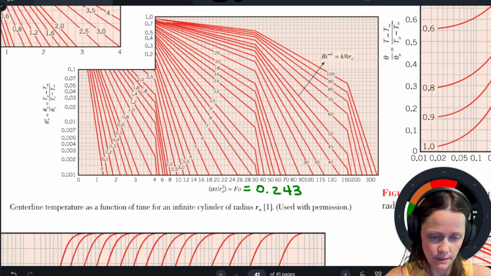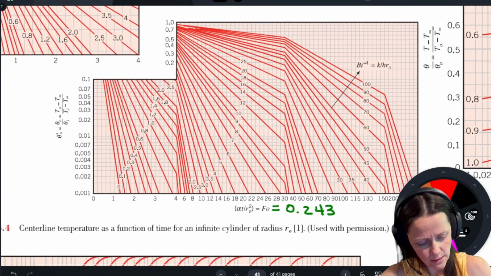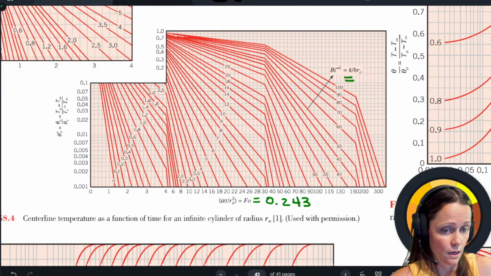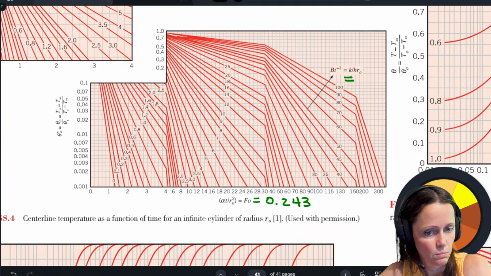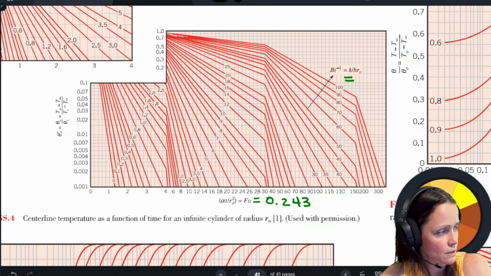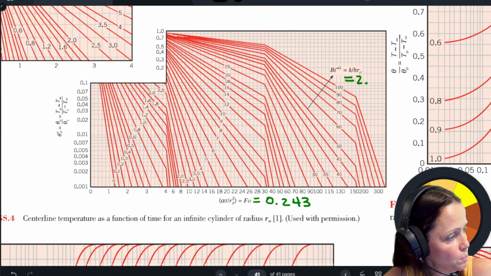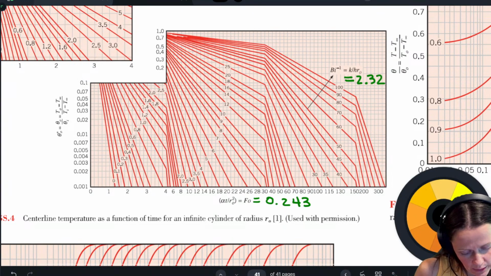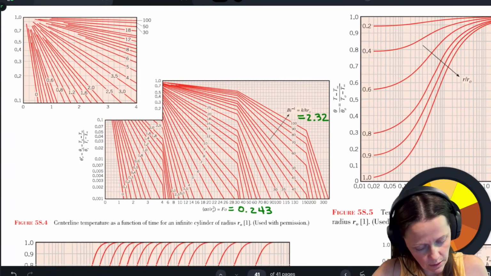And then what else did I know? So I was wanting to know the midline temperature, at r naught. And then our inverse Biot number was 1 over 0.4307, so 2.32. Yeah. So I think again I'm going to need to go to this one down here.